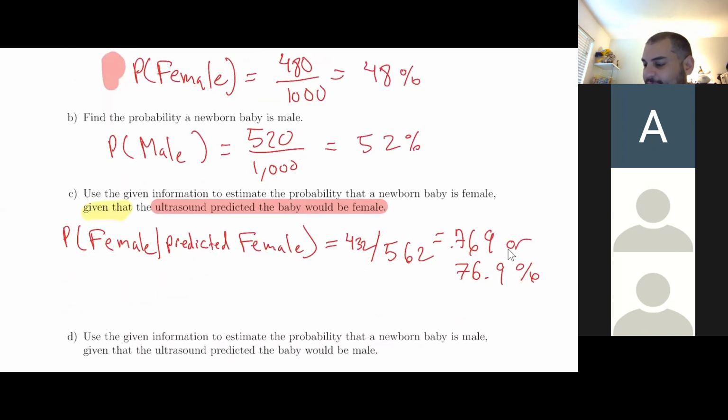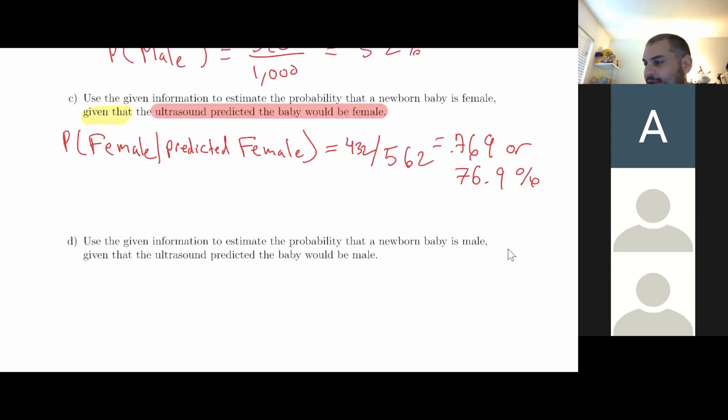So let's do D. For D, if you read the problem, it says use the given information to estimate the probability that a newborn baby is male, given that the ultrasound predicted the baby will be male. So we have that keyword "given that," and they're telling us the ultrasound predicted it should be male.